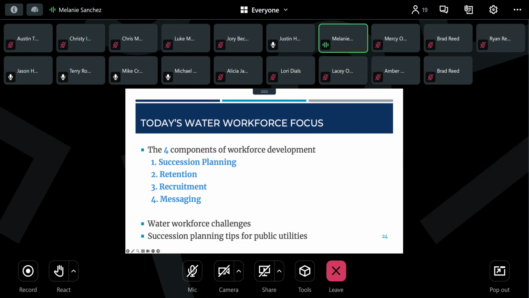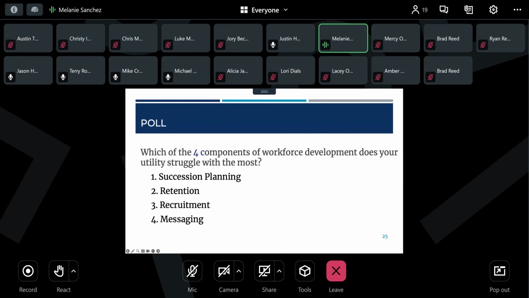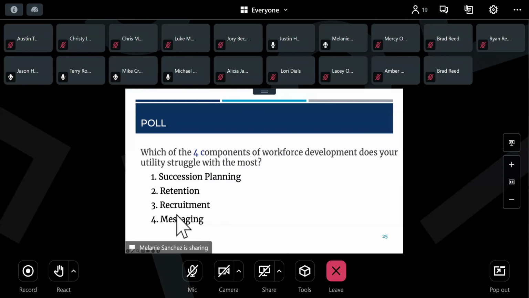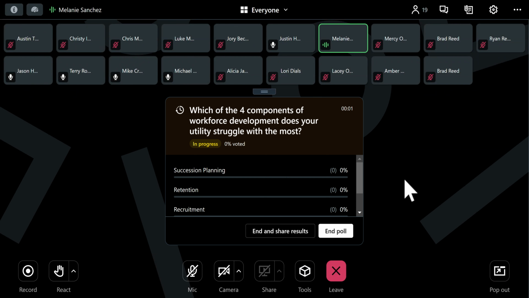We're going to do another poll. So let me activate that. So basically, this question is asking, which of the 4 components of workforce development does your utility or organization struggle with the most? And I'll let you all answer that.